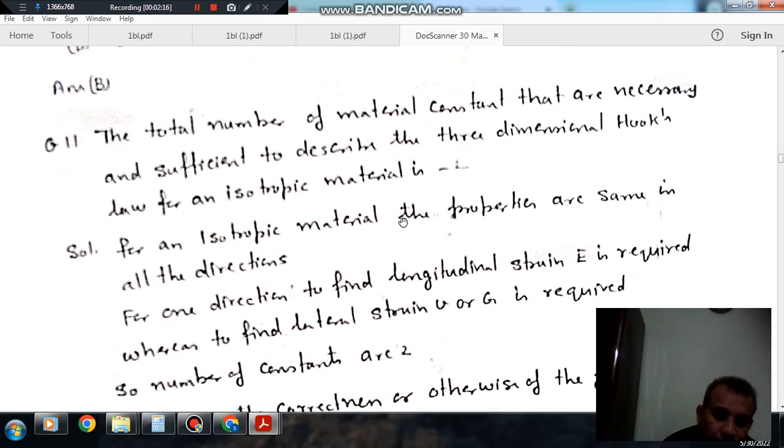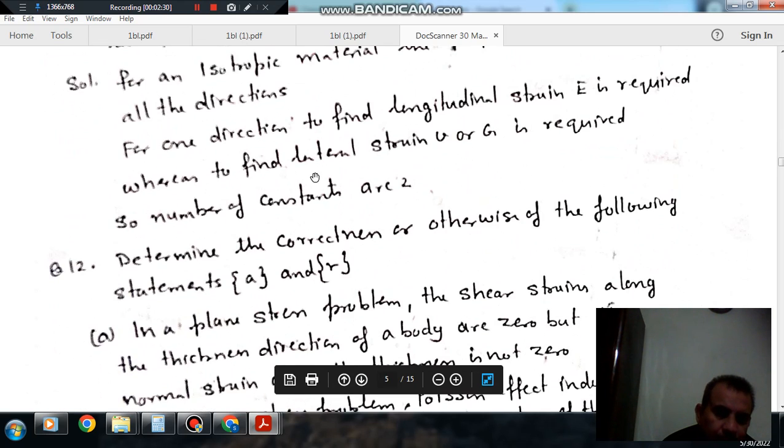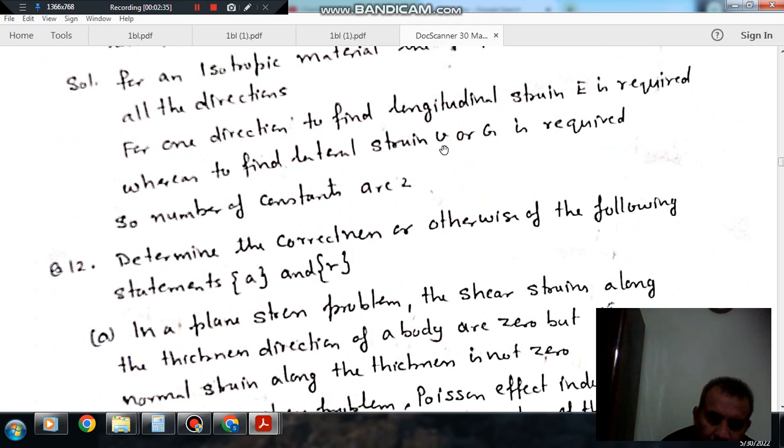To determine longitudinal strain, E is required, and in the other direction, to determine shear strain, mu or G is required. So the number of constants is two. Either one of them can serve our purpose, so E and mu, or E and G may be required. So the total number of constants required is two.